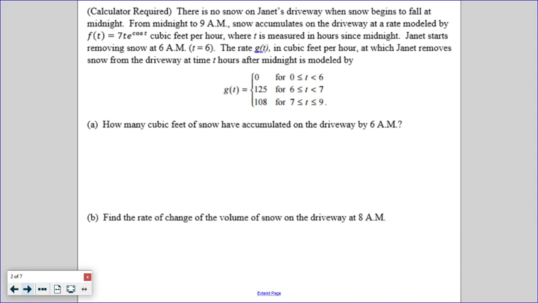First question, how many cubic feet of snow have accumulated on the driveway by 6 a.m.? The accumulation part, snow accumulating, would be this function right here, f of t. Our rate is in cubic feet per hour of f of t. So we would be looking at the integral from 0 to 6 of our accumulation rate, which would be 7t e to the cosine t dt.